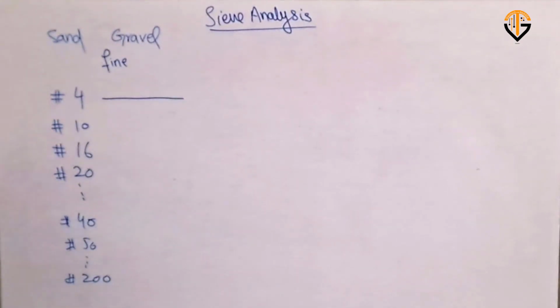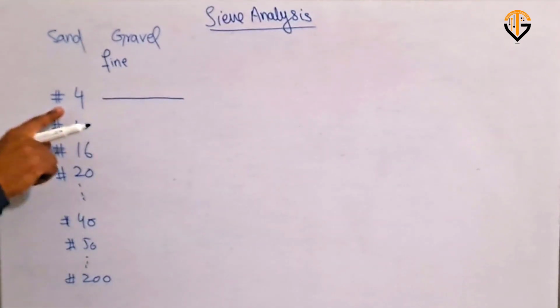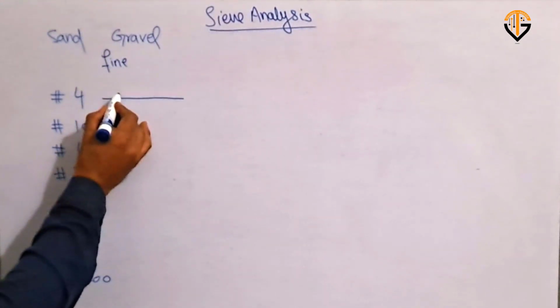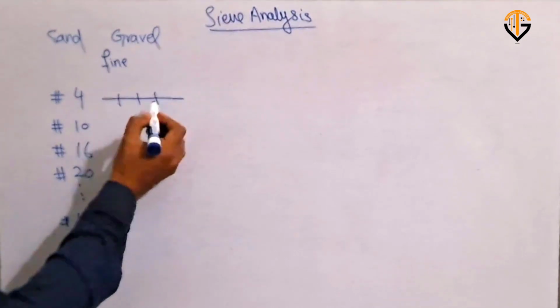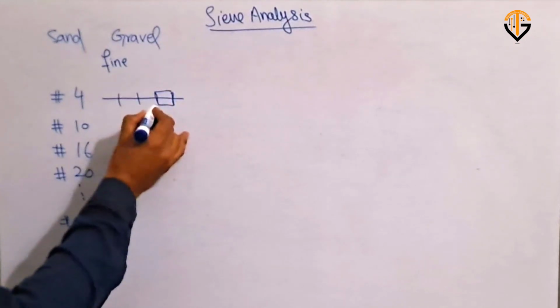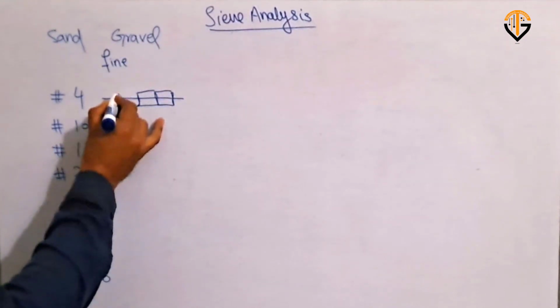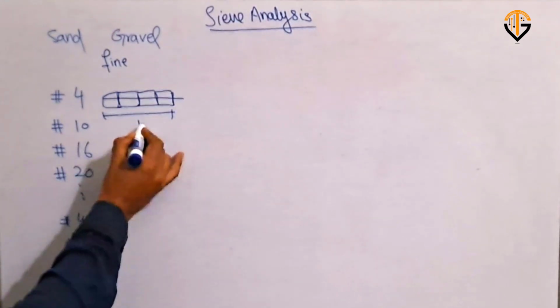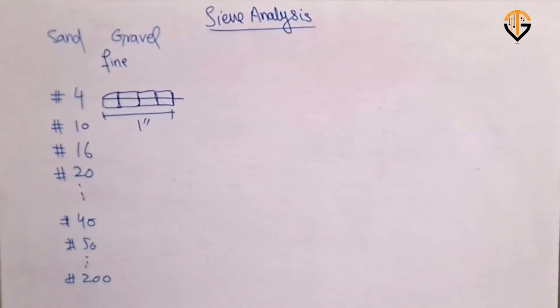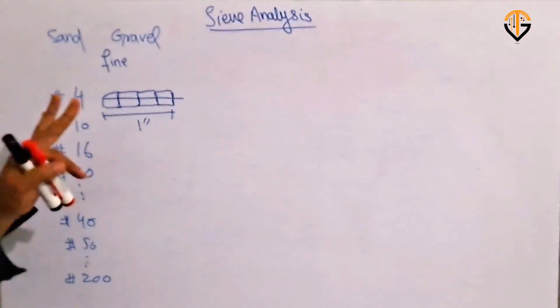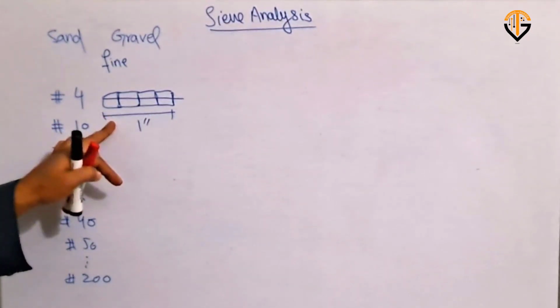If a sieve is called sieve number 4, it means it has 4 openings in 1 linear inch, not in diagonal dimension.